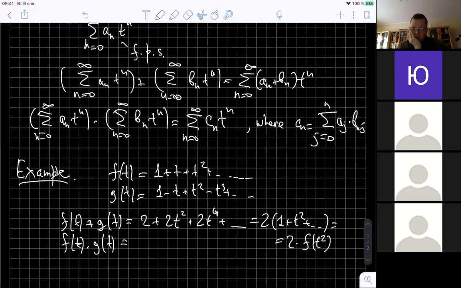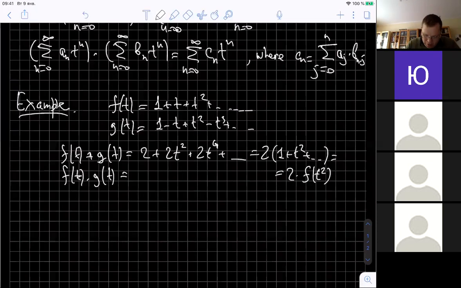One. Why is it so? Because all the other stuff will get cancelled out. Okay, let's calculate it. When the first coefficient is equal to 1, because we have 1 times 1, the second coefficient will have 1 times minus 1 plus 1 times 1. It will be 0.